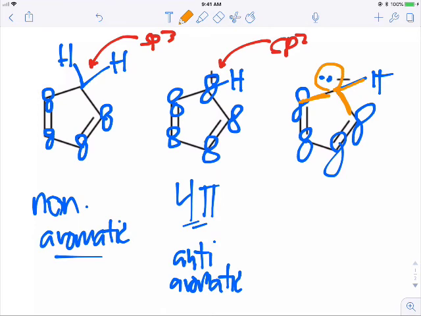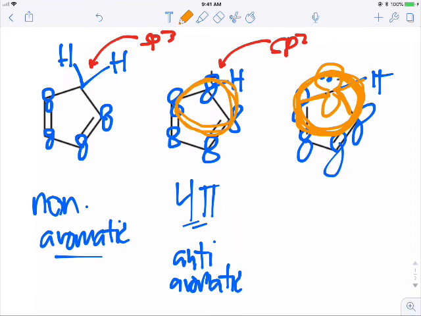If it rehybridizes to sp2, and that becomes a p orbital, we can get that racetrack. We now have every single carbon with an sp2 orbital on it. That was also true for our anti-aromatic structure. Don't forget, that was still there.